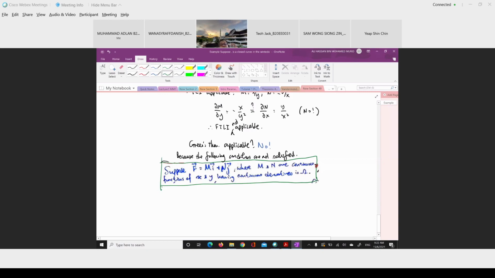Not only M and N must be continuous, they should have continuous partial derivatives as well in the region omega here. So what does it mean?